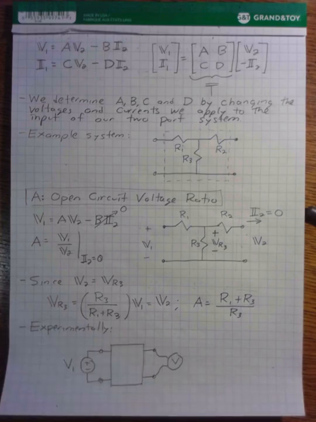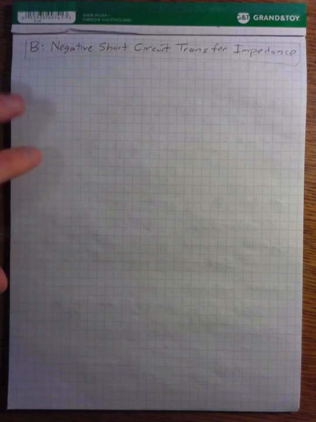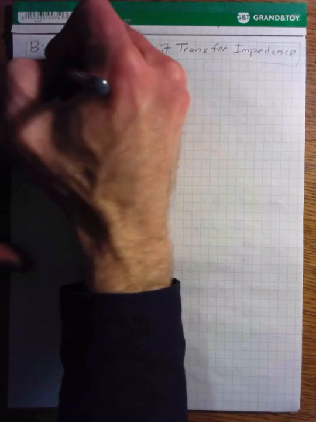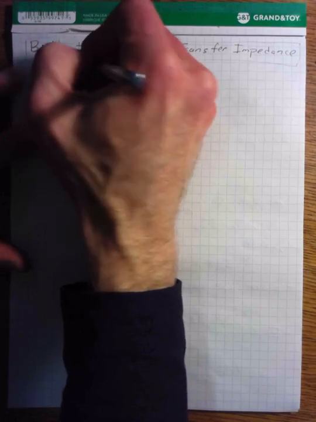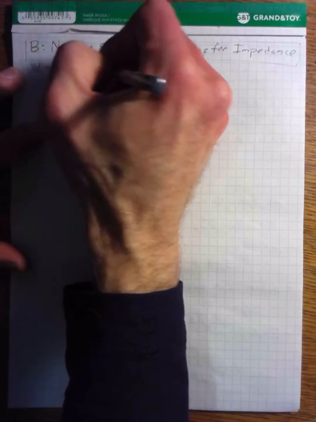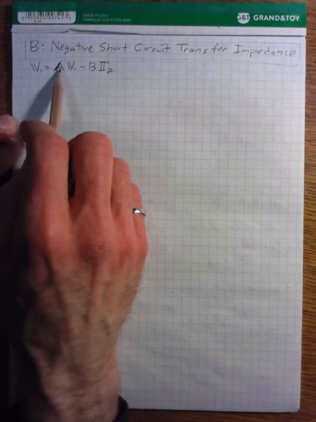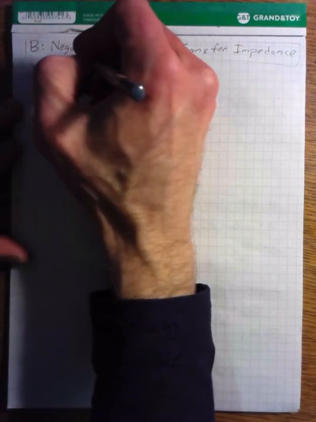All right, the next step is to solve for B. B is what we call our negative short circuit transfer impedance, and you'll see why it's a short circuit impedance in a second. Again, we're going to start by taking a look at the equation that contains B. A V1 minus B times I2. So in this case, we want to solve for B, and so this A term is a little bit of a nuisance, and so we want to get rid of it.